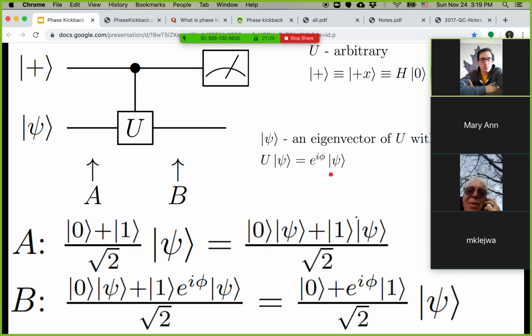So we can just multiply psi by e to the i phi. And e to the i phi, from Euler's formula, is equal to cosine phi plus i sine phi. So any questions so far?